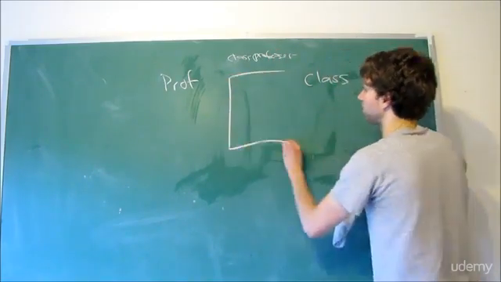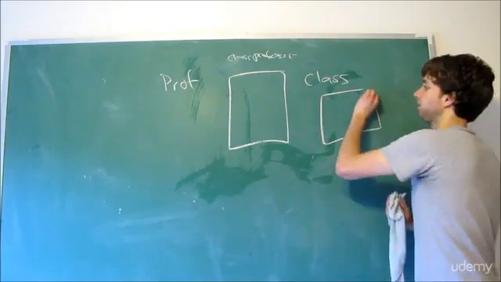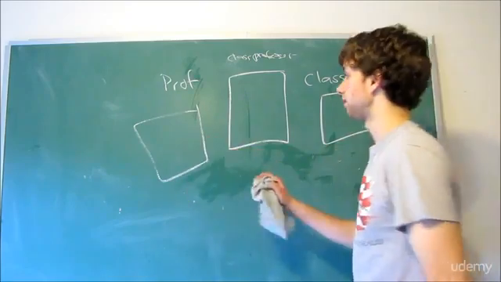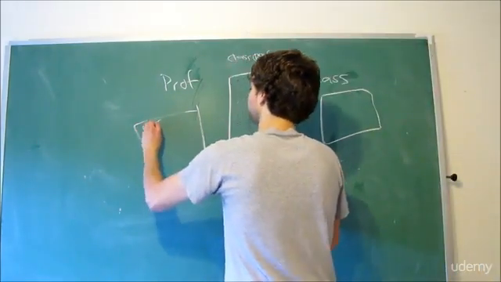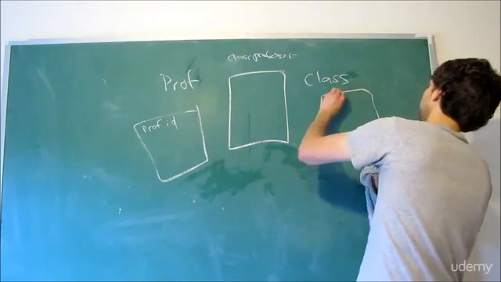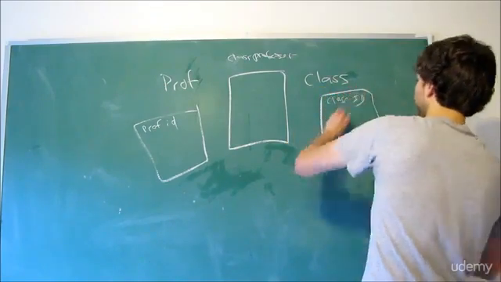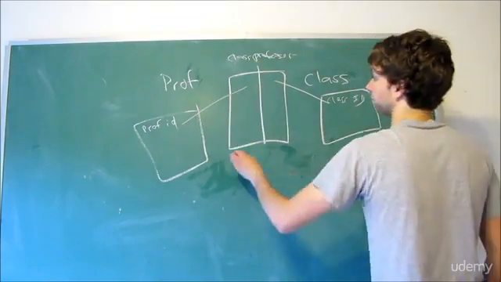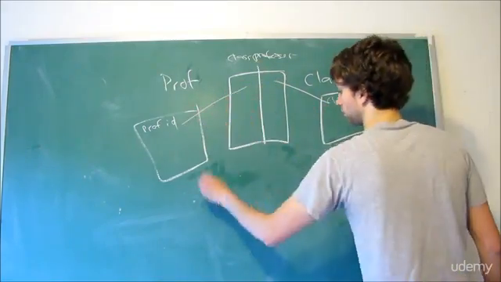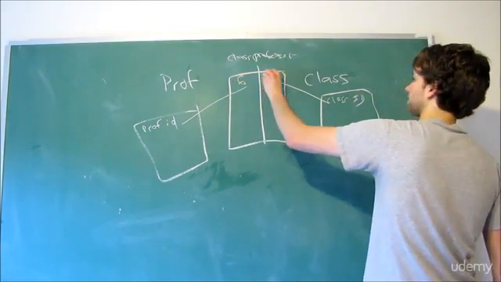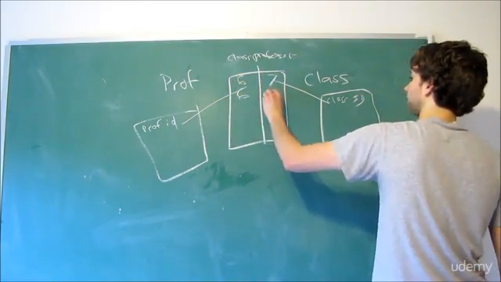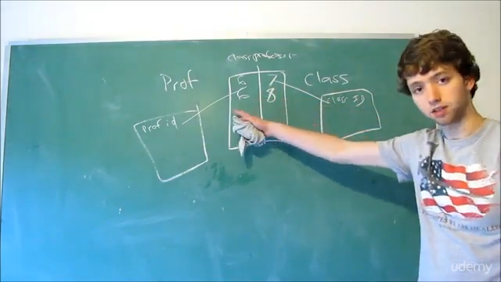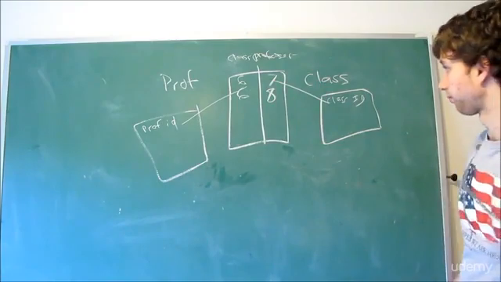This will have an ID, professor ID, and this will have an ID, class ID. Then you reference this in this intermediary table where we'd have professor ID of like 6 with the class of 7, professor ID of 6 with the class of 8, which is basically saying this professor with the ID of 6 is teaching 2 classes.